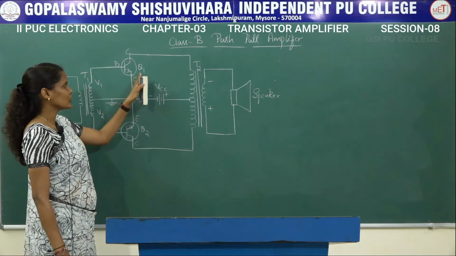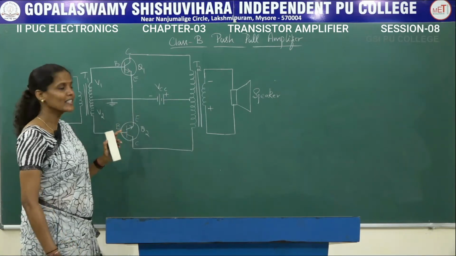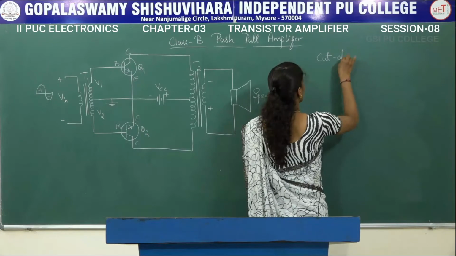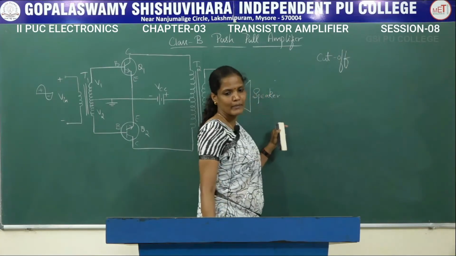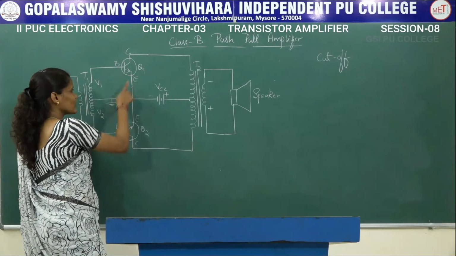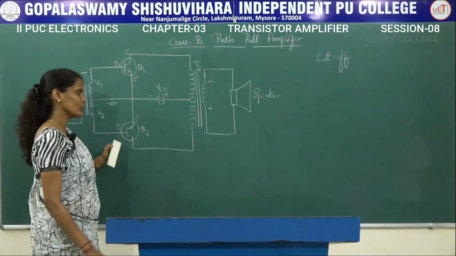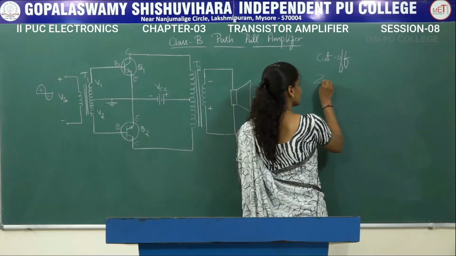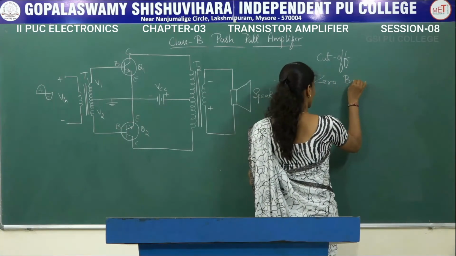In this particular circuit, both Q1 and Q2 are biased at cut off, which is done by providing zero bias at the base terminals of these 2 transistors Q1 and Q2. How is this zero biasing condition applied?